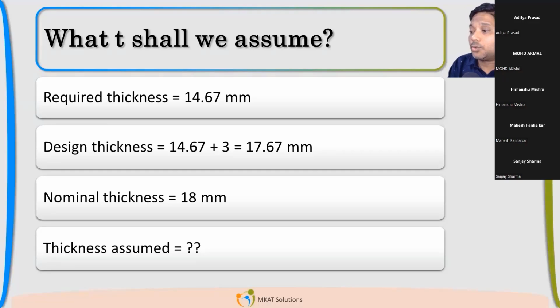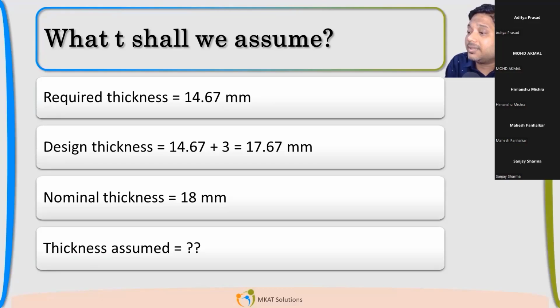Can anybody tell me, with this data, what will be your starting point? There is nothing wrong in this. I'm just talking about good engineering practice, which is based completely on your engineering judgment.